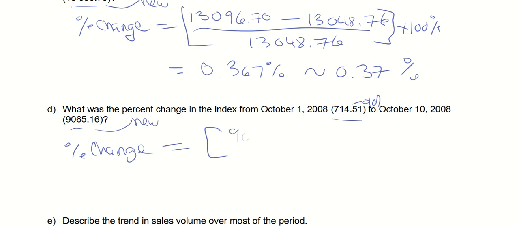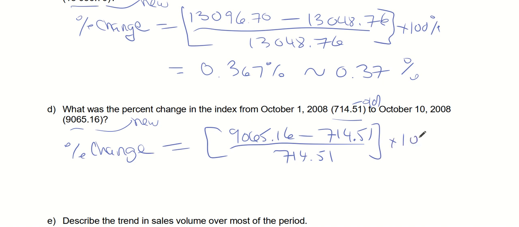So it would be 9065.16 minus the old, 71451. Divide that by 71451, times by 100%, because percentage is always by 100 in 100%.